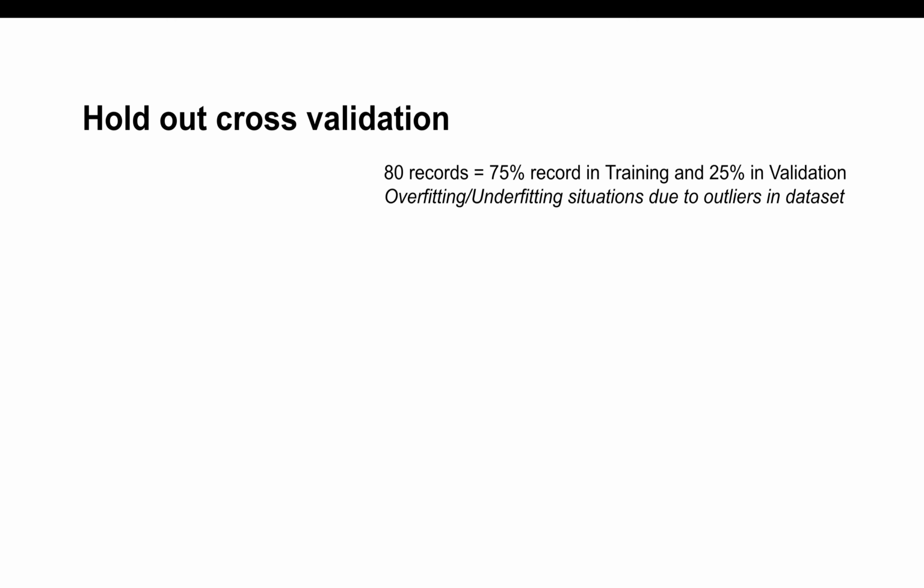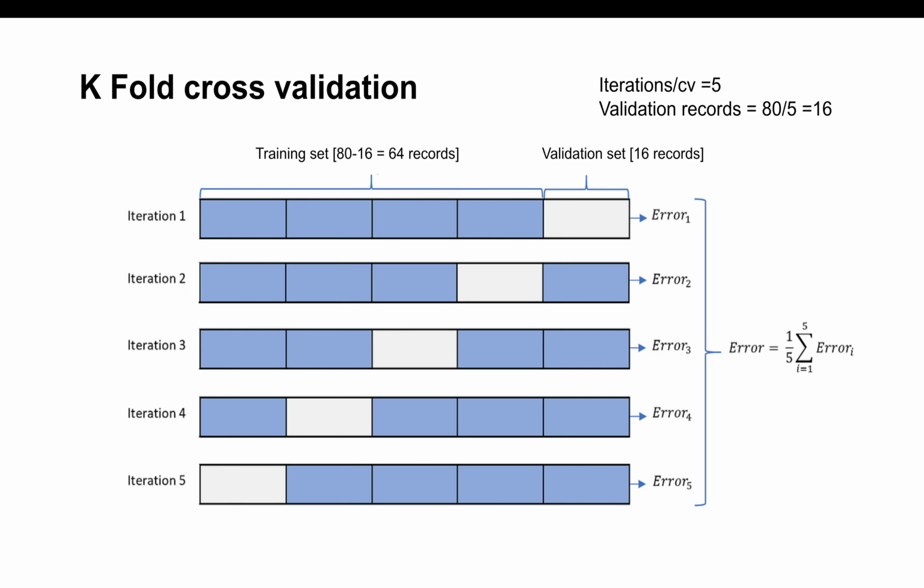This is called hold out cross validation, and of course in this case as well you will have overfitting and underfitting situations, because there might be outliers in the data set. Let's say in your training data set one record is very huge, due to which the model will not get trained properly, so there might be overfitting or underfitting situations due to outliers in the data set in the case of hold out cross validation.